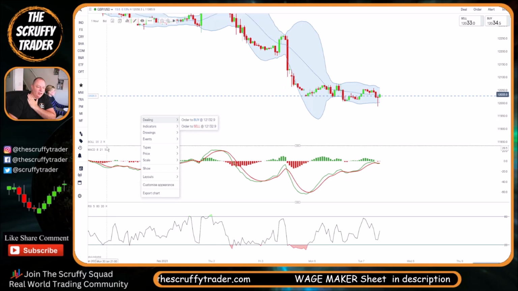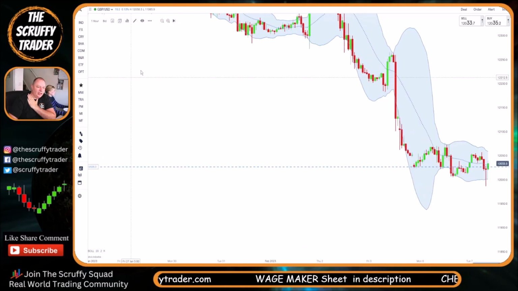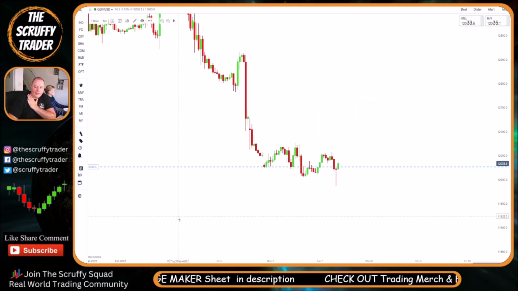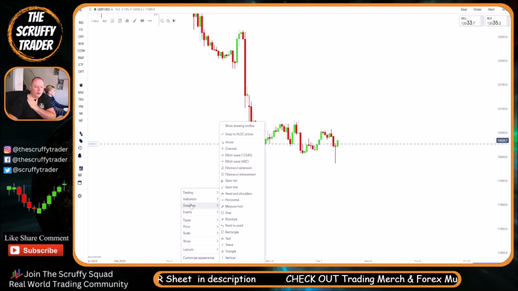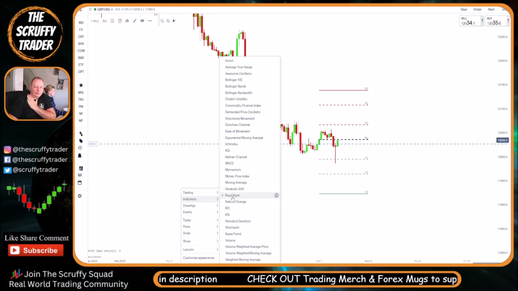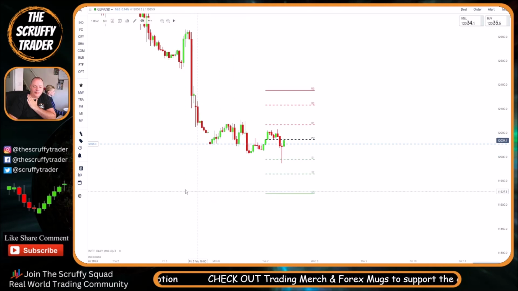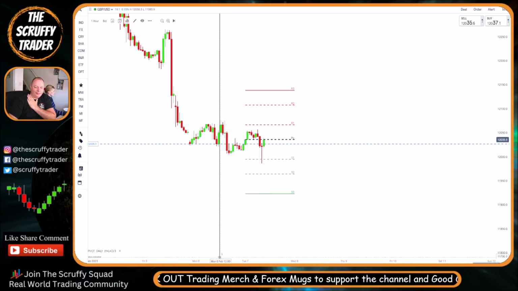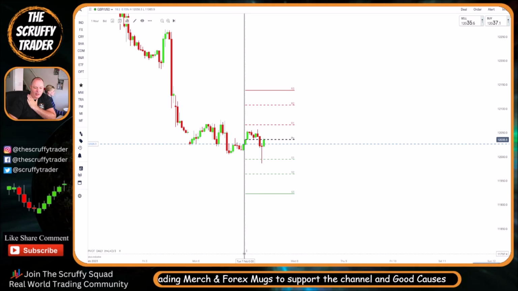Just switch all of these off so that I can kind of see what it is I'm looking at with a clean chart. And we'll put the pivot on, just like so. Right. Where did it open? Well, let's look for 12 o'clock. Right, well, it opened on the pivot.